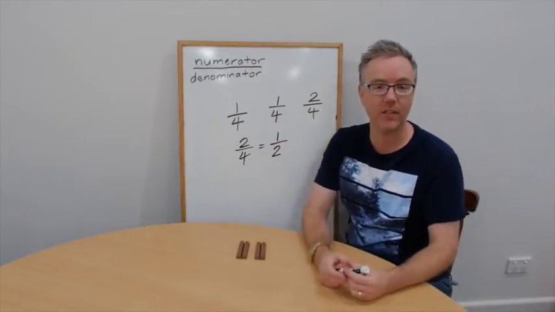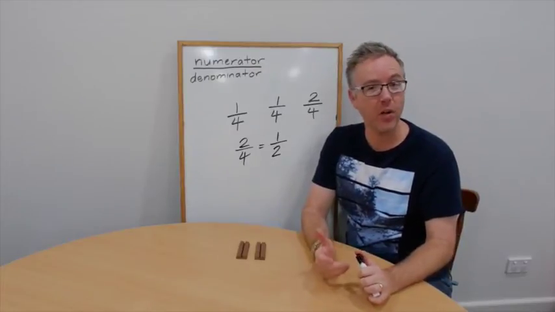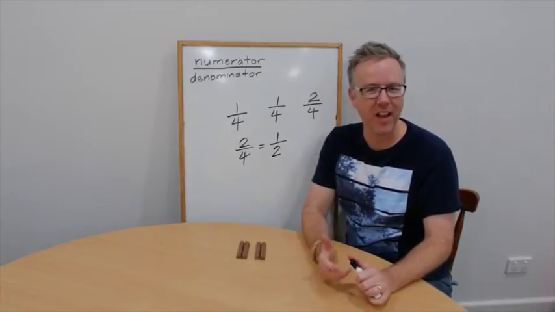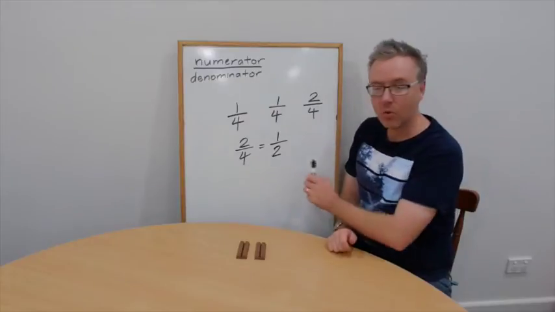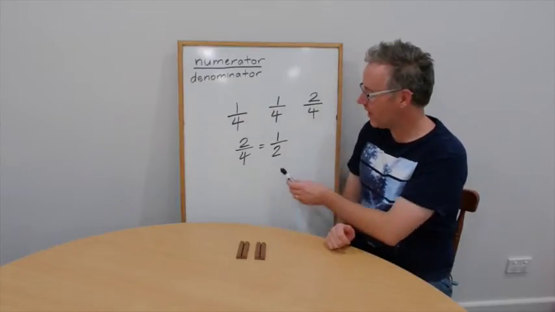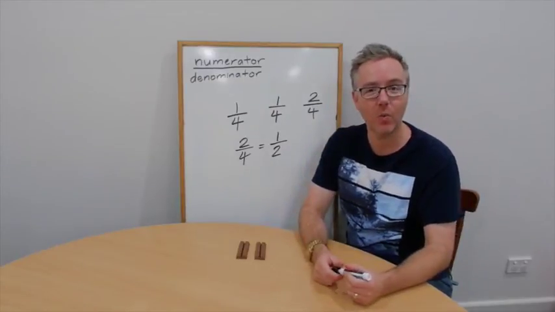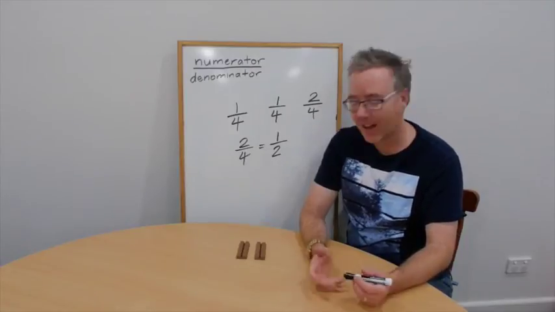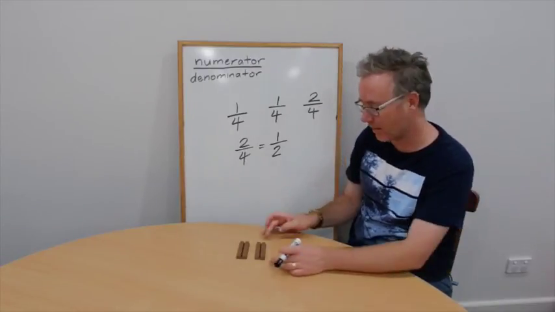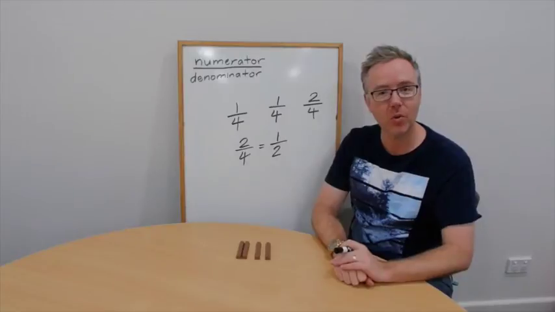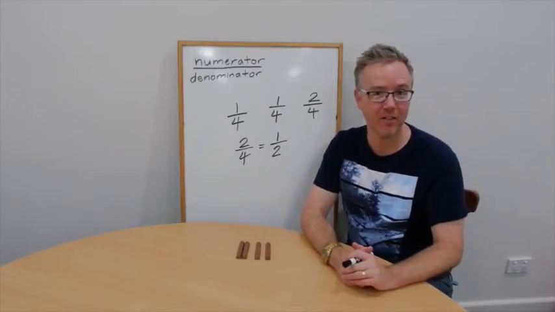Now what you've just discovered there is called an equivalent fraction, or the same. So 2/4 is the same as 1 over 2, 1/2. They are exactly the same. There's our 2/4, there is our half.